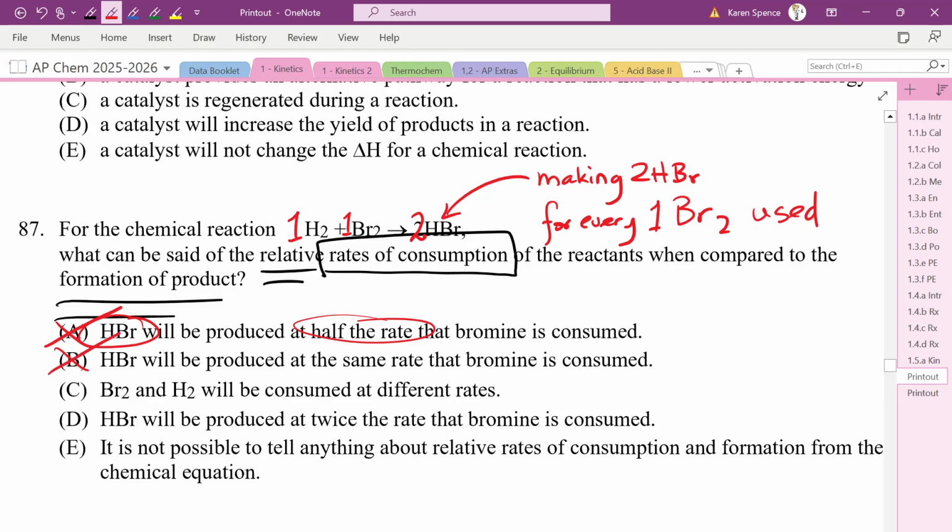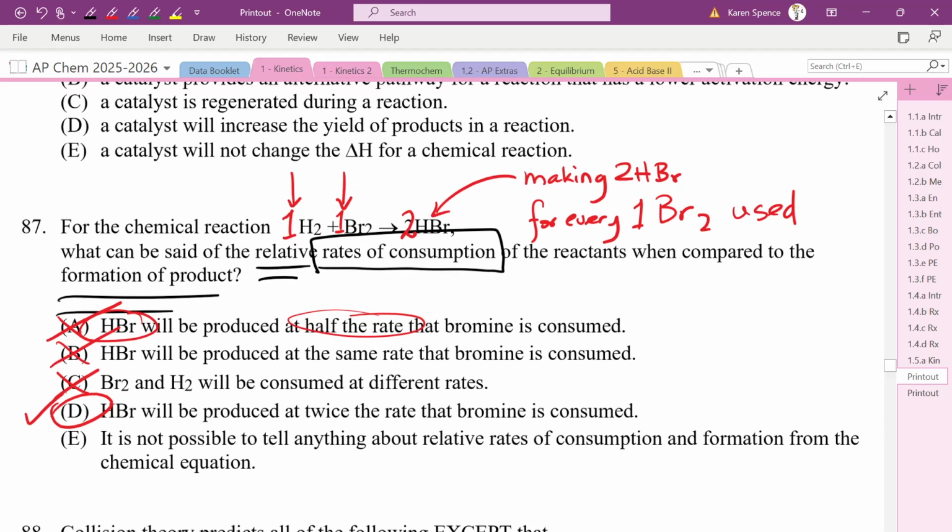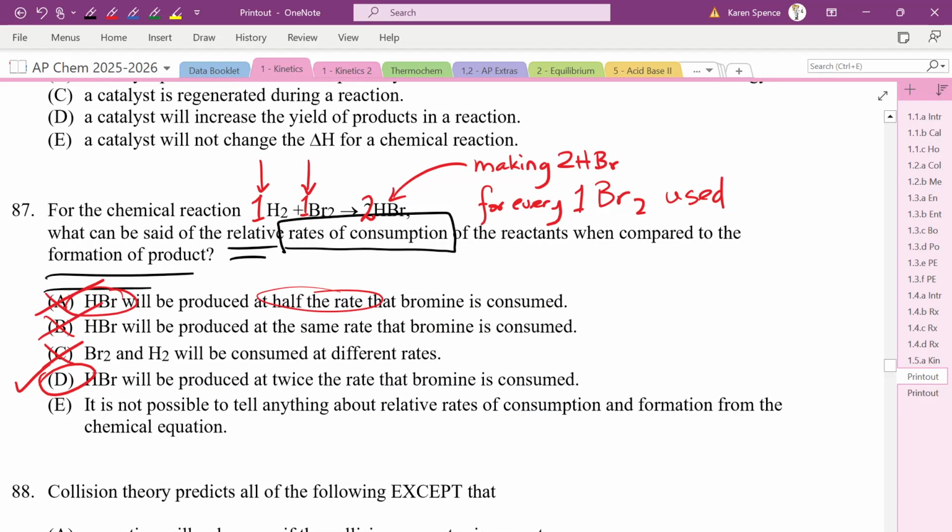No. Is it true that Br2 and H2 will be consumed at different rates? No. HBr will be produced at twice the rate that bromine is consumed. Yes. E, it is not possible to tell anything about the relative rates of consumption and formation. No, rates react stoichiometrically.